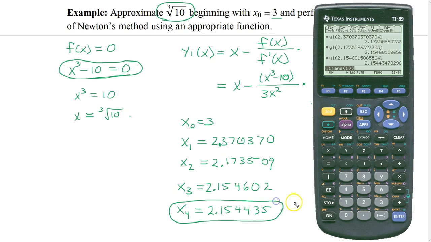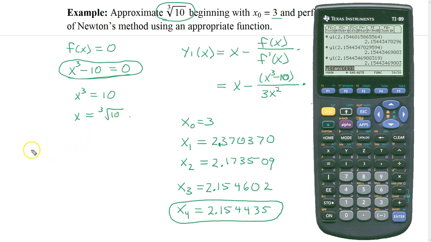That's what we wanted. We wanted to evaluate x4. And since it's so easy, let's keep going and see how many more iterations we need until this number stops changing. So let's see, that is x4, here is x5, and then x6, and so x5 and x6 are the same.